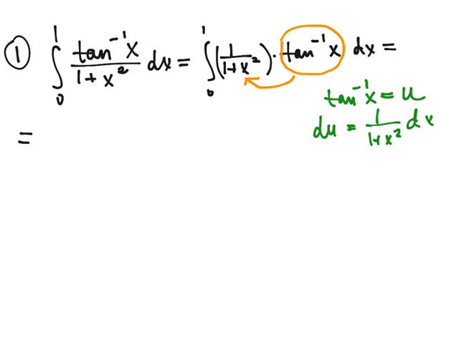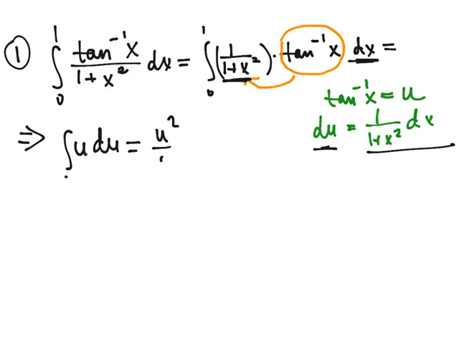And that means we get, I'm not going to put my boundaries yet, u, that's my tangent inverse. And then I replace 1 over 1 plus x squared, this expression, with du. Because 1 over 1 plus x squared and dx gives you du right here. So you get integral of u du, which you can solve in seconds.